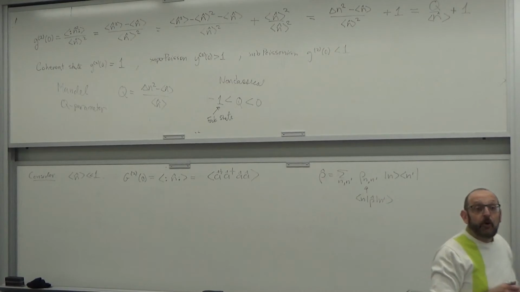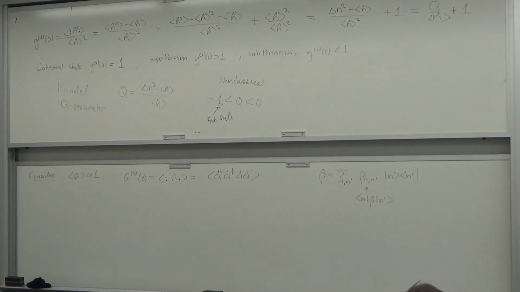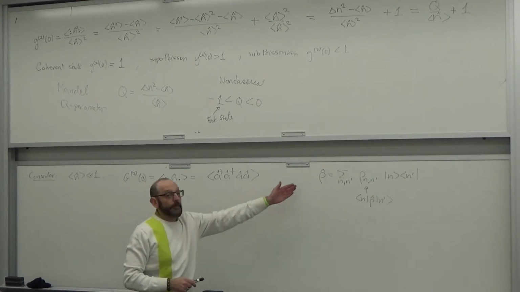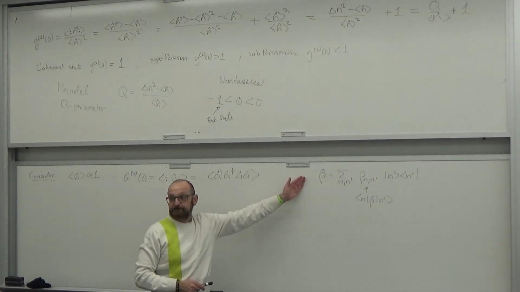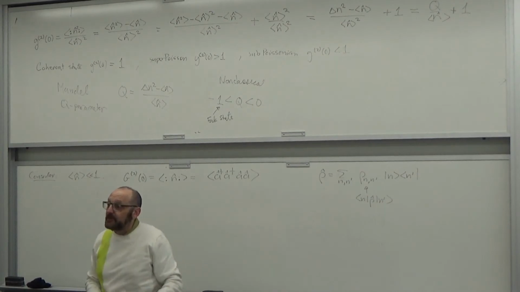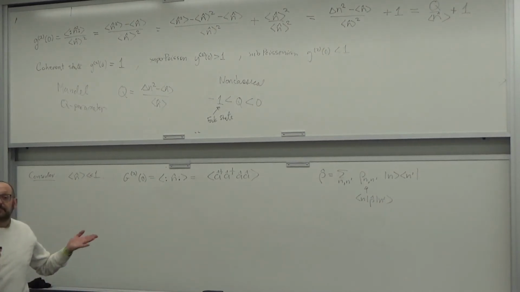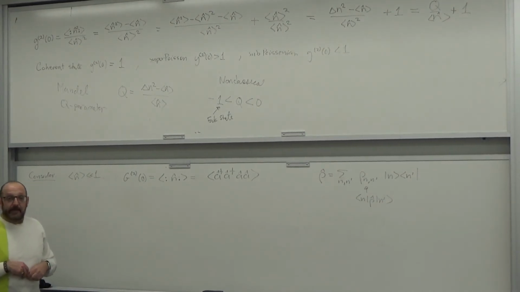That's the most general density matrix. So now let me take this expectation value with this most general state. I'm not saying whether it's classical or not. I'm just expanding it in the Fock basis.